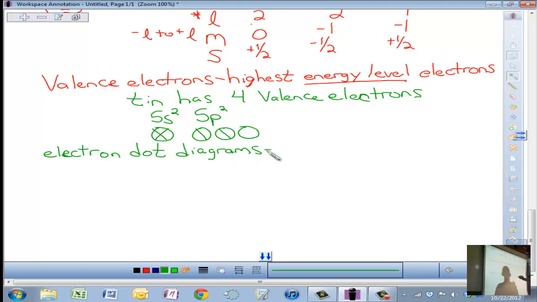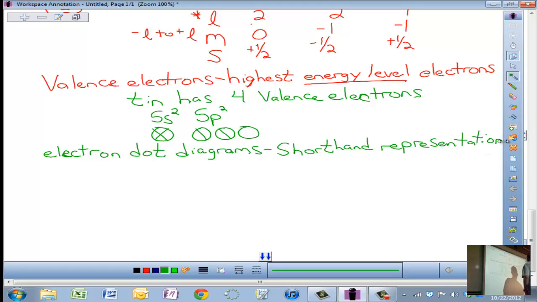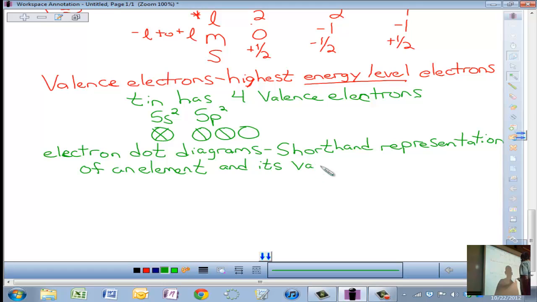Electron dot diagrams were just a shorthand representation of an element and its valence electrons.